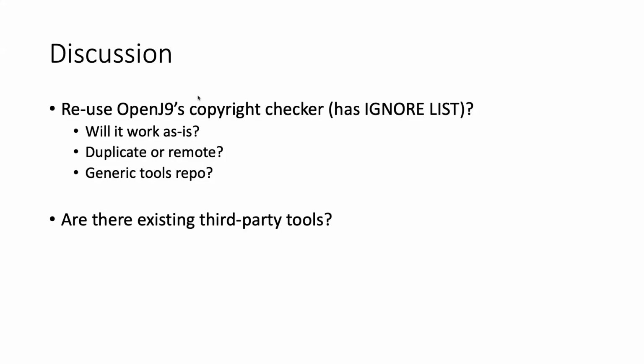You just put the full file path in the ignore list, and that's just a .copyright ignore in the root of the repo. So it's not to say those files can't have a copyright, it's just saying we don't care. Right. Like the configure file, for example, has a copyright from someone else, so it doesn't matter.